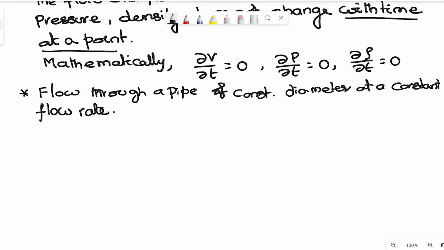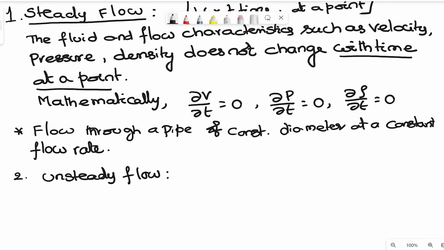Then coming to the second point, this is unsteady flow. Based on the previous one, you can write the definition.